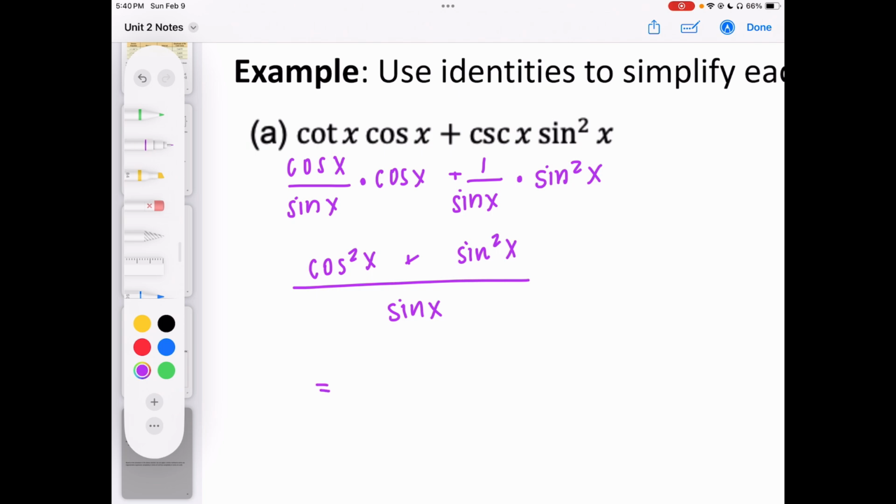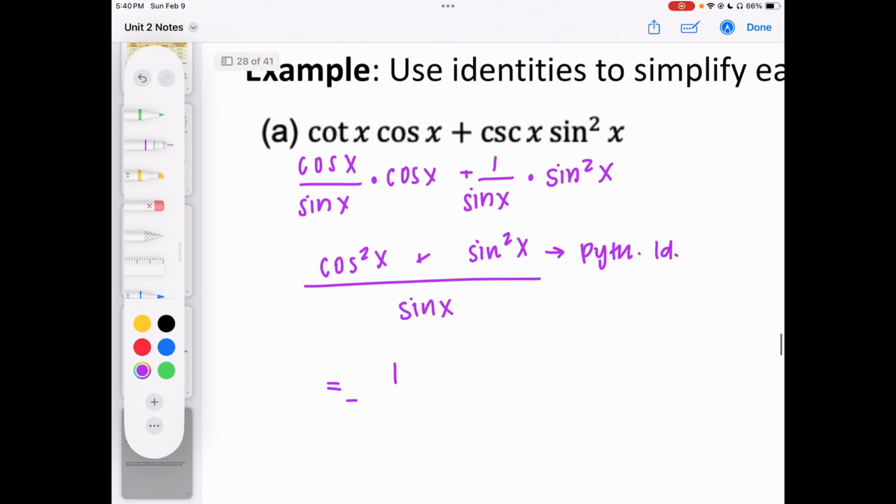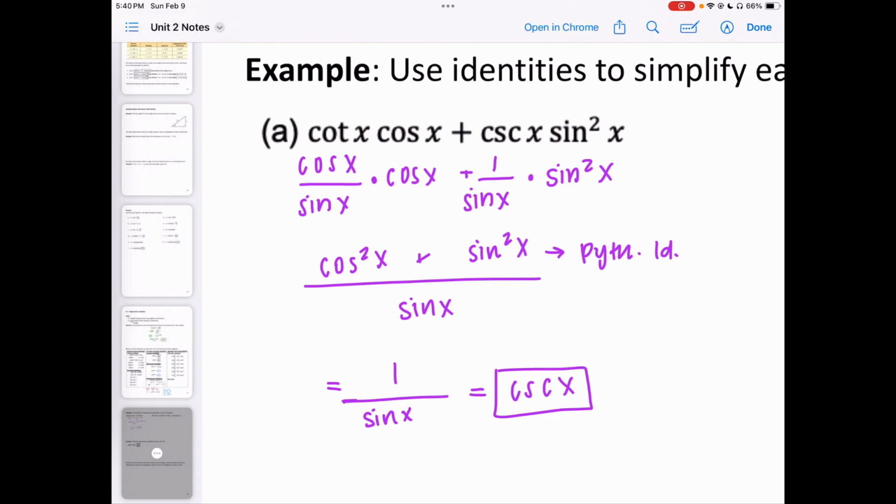And I immediately notice that this right here is a Pythagorean identity. So I'm going to go ahead and rewrite it as 1 over sine of x. Or we could simplify even more and write cosecant of x. This would be the simplest form. It doesn't require us to use sine and cosine, so I would write cosecant of x as the simplest form. No fractions.